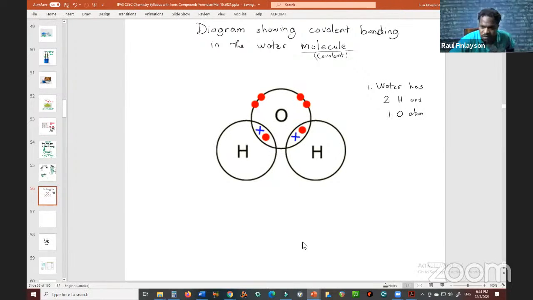That's the obvious there. Fine. Overlapping circles. Overlap circles mean covalent bonding.